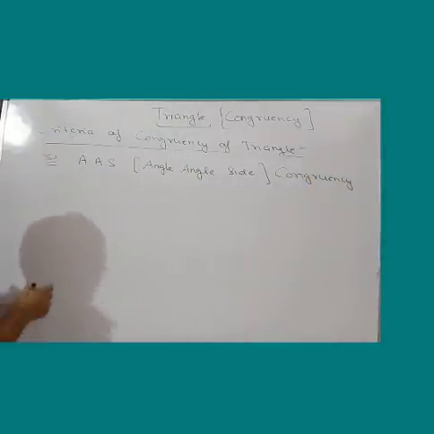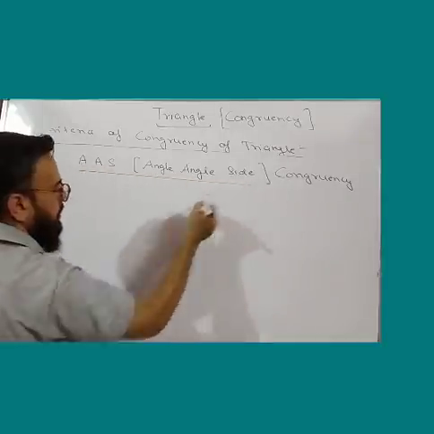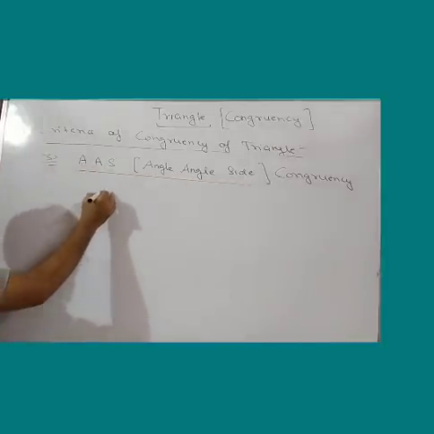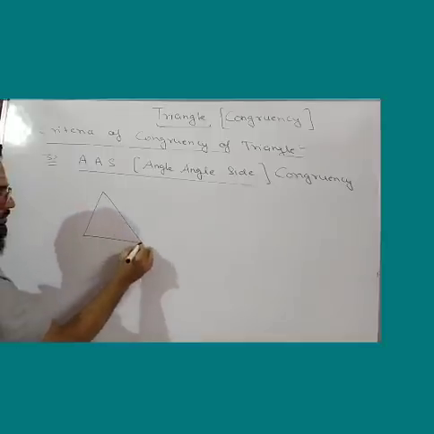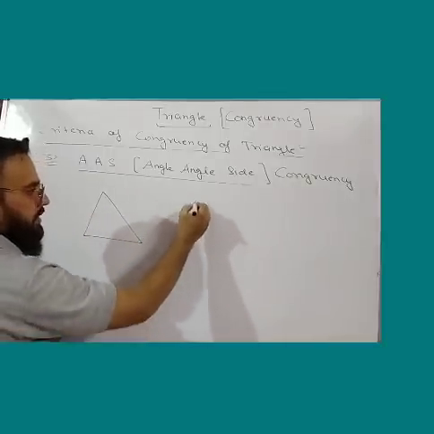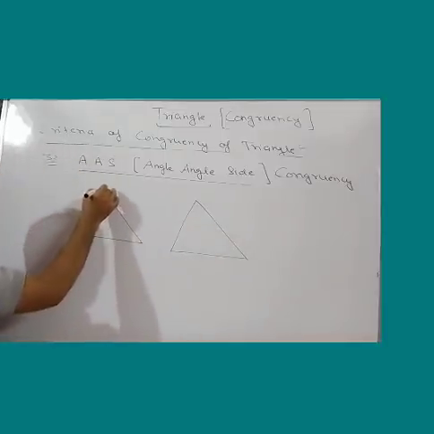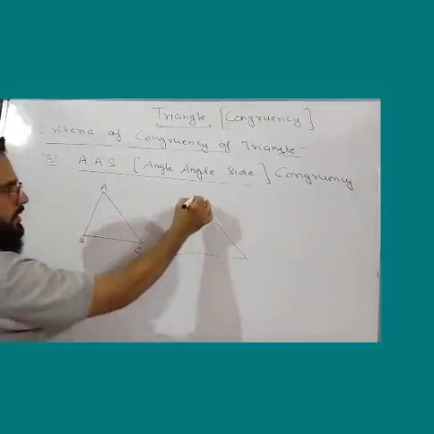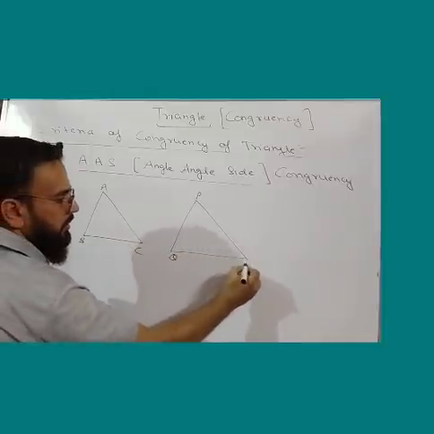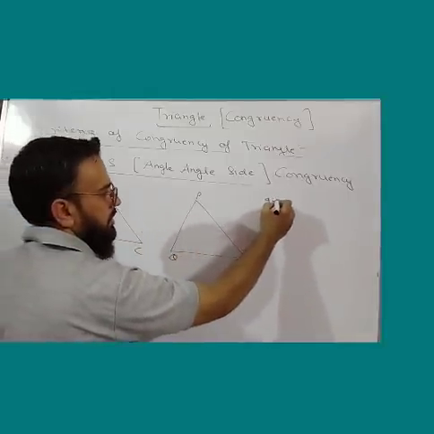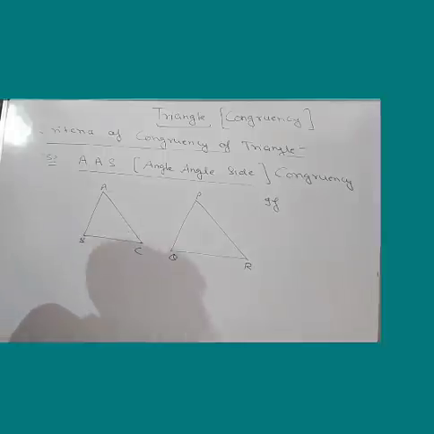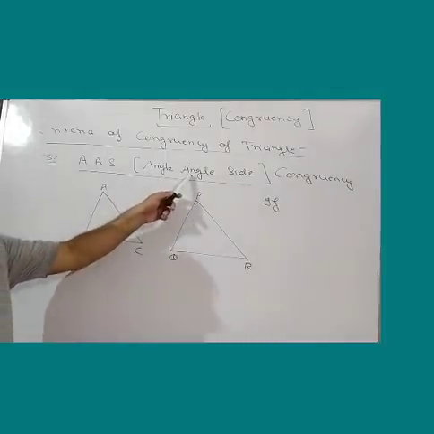So what is angle side congruency? Now if we have given two triangles, suppose this is triangle ABC and this is triangle PQR, and we have given the condition. What is the condition? Two angles.